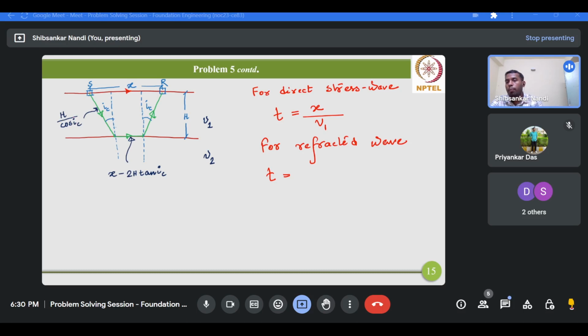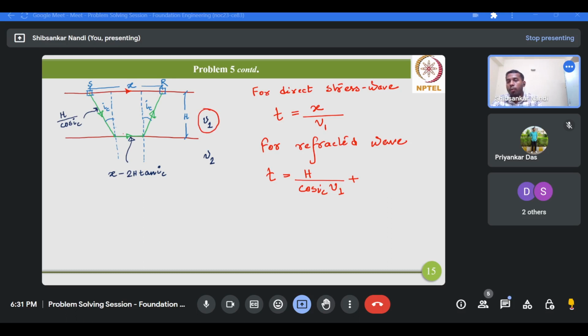This is from simple geometry, because IC is the critical incidence angle, and the height of the first layer we are assuming as h. So this would be h upon cos IC, divided by the velocity, again v1. Why v1? Because here the refracted wave is traveling with the velocity of the first layer only.